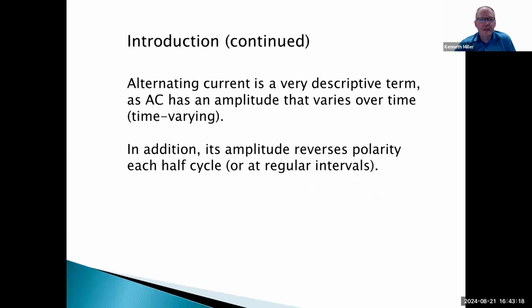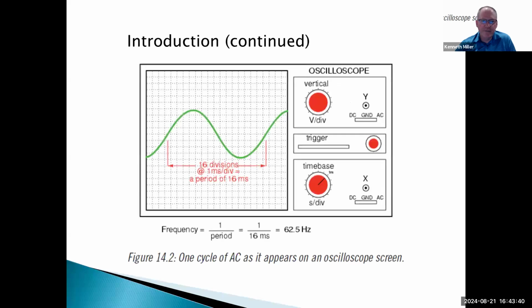All right. So when we use the term alternating current, that's a very good descriptive term, because the current is actually alternating, right? And we'll see that here in just a minute. And it's not only alternating its values, it's going from a zero voltage up through its positive value, then back down, and then it comes back up.